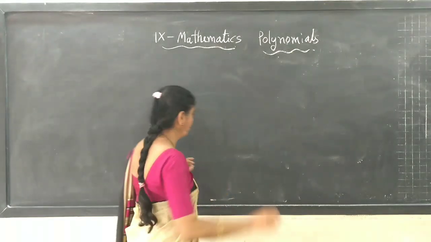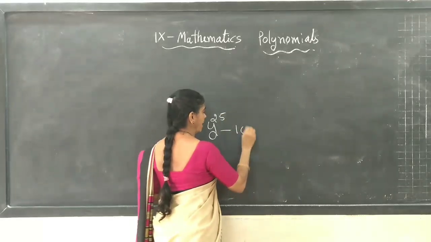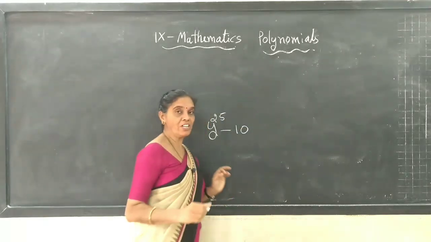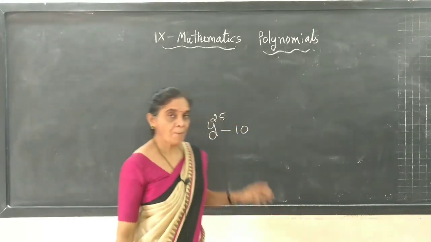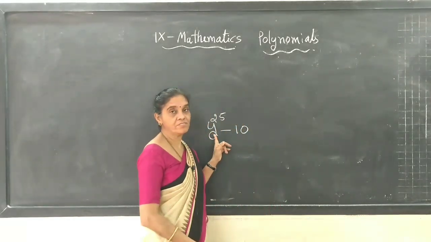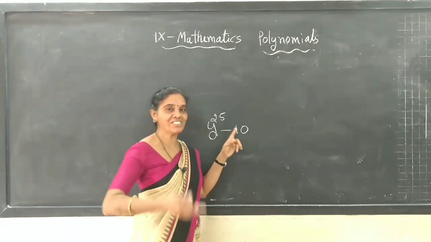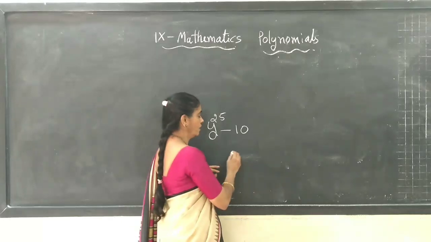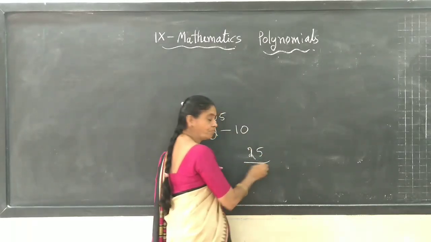Another example, y to the power of 25 minus 10, this is a polynomial in the variable y. Now what is the power of the variable? The variable is y and its power is 25, the only and highest power. So the degree of the polynomial is 25.